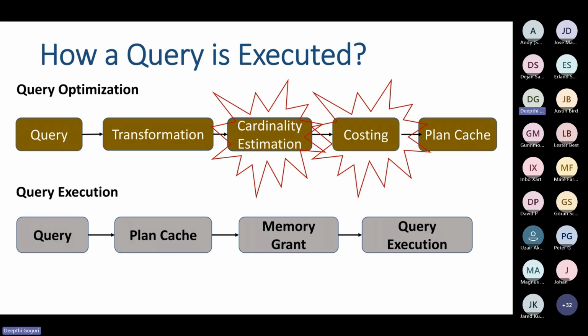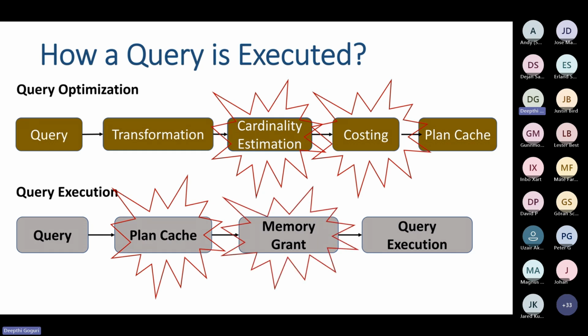So that cost will be affected and a wrong plan might be saved inside the plan cache. Due to that, the wrong memory grants are allocated, even before the query goes to the execution phase. If the stale statistics show fewer records than the actual number of records, that will definitely impact how much memory grant has been allocated.